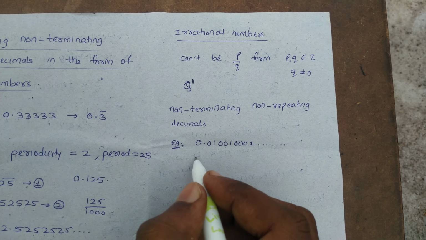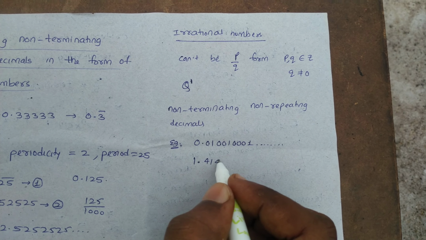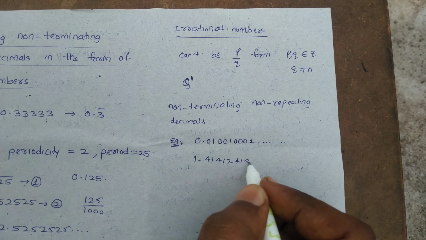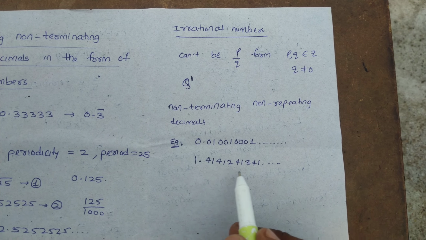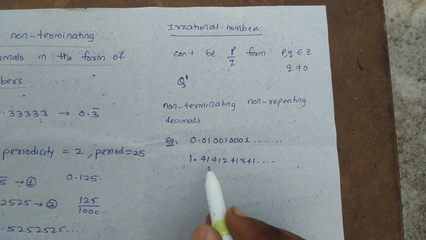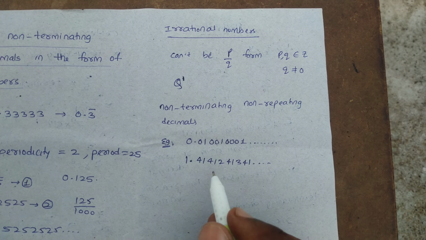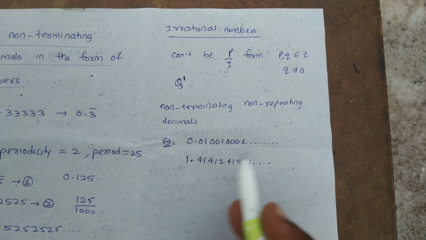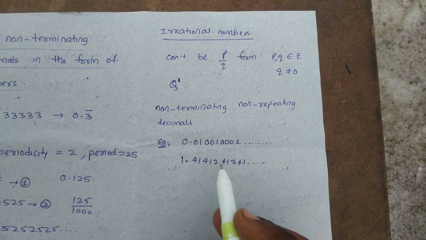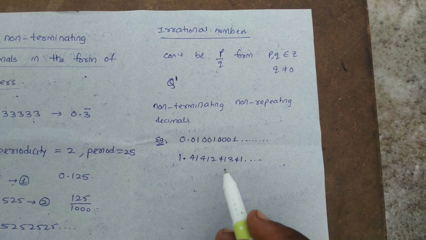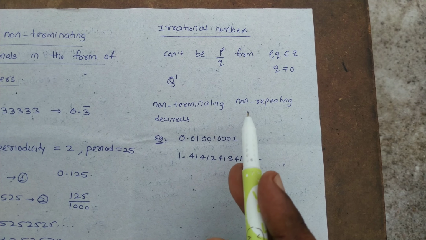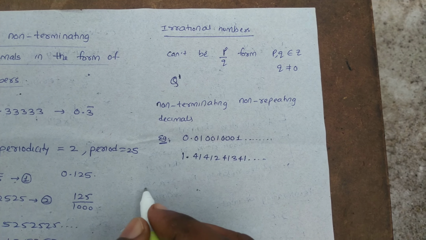You can take any such example, like 1.414141241341. It is also not terminating and not repeating, so it also comes under irrational numbers. You can take any decimal which is non-terminating and non-repeating, then that number will come under irrational numbers.